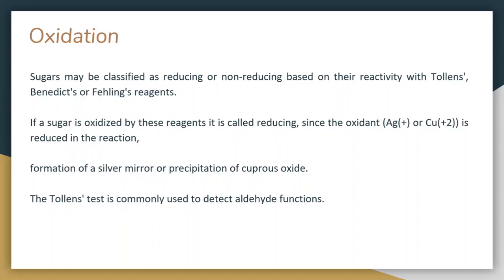So if the sugar is oxidized by these reagents, then it is called a reducing sugar. Here Tollens reagent and Fehling's reagent are used, and there is formation of a silver mirror or the precipitation of cuprous oxide upon reaction with these reagents. Tollens test is commonly done to detect the aldehyde functional group.